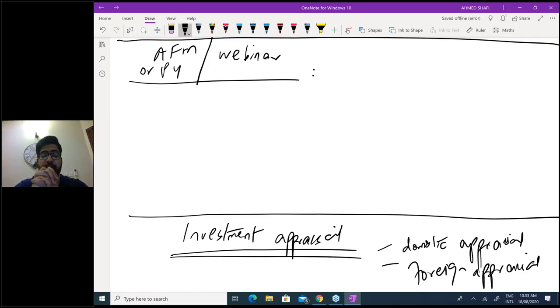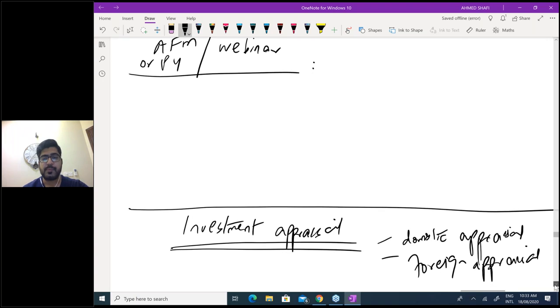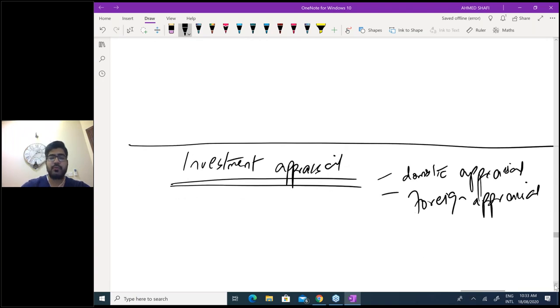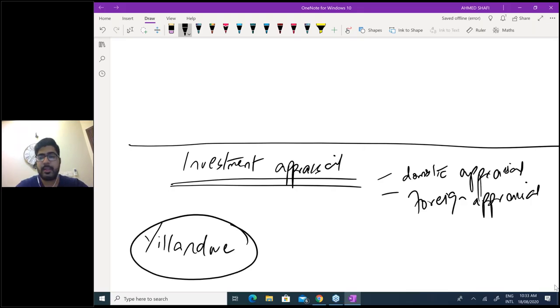Okay, so basically you were told in yesterday's session about a company which was Yalandwe. Yalandwe country was struggling somewhat financially, so fiscal rate, taxation rate, everything was an issue.